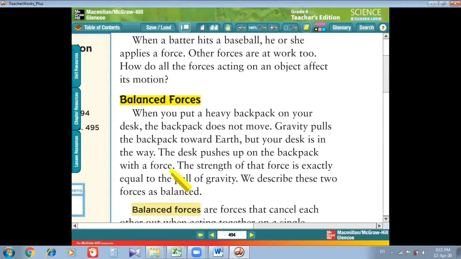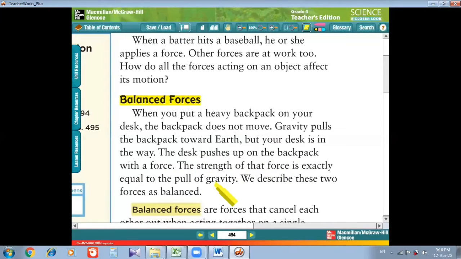Now the gravitational force is pulling it downward, and the force from the desk is pushing it upward. So these two forces are equal. If these two forces are equal, the bag will not move. The strength of the desk's force is exactly equal to the pull of gravity.